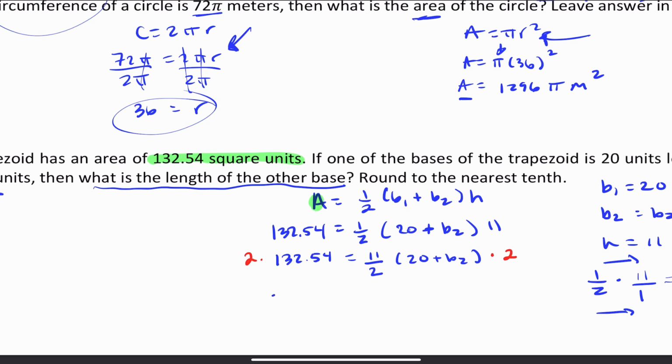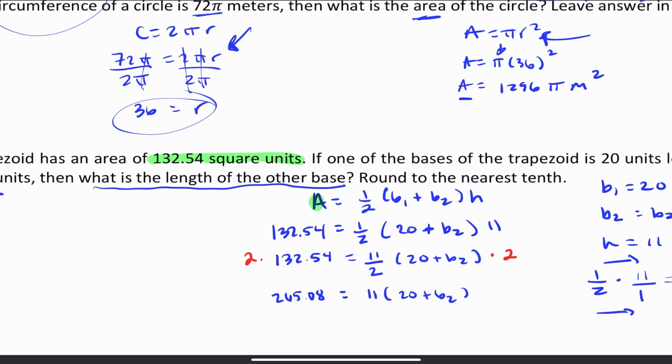I'll write it down. 265.08 equals 11 times 20 plus b2. Remember, 11 over 2 times 2 is 22 over 2, or I can cancel the 2s out, and you're left with 11, okay?